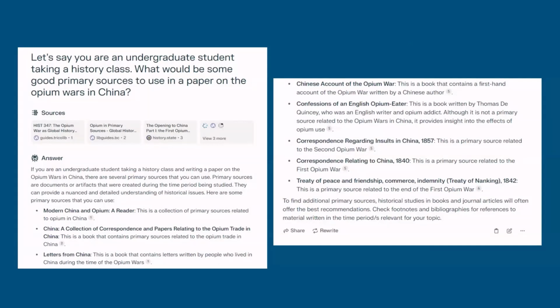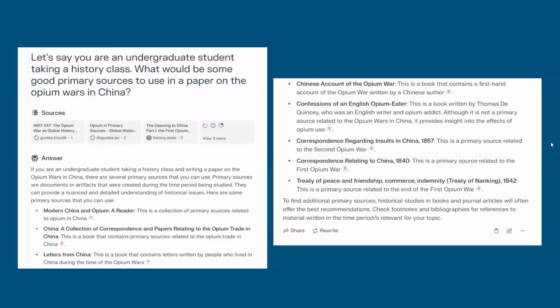The first thing that I noticed is that the sources are listed right across the top. And each item that they list is a specific named primary source, and the recommendation is linked to a source, right? So they have basically cited all their sources.